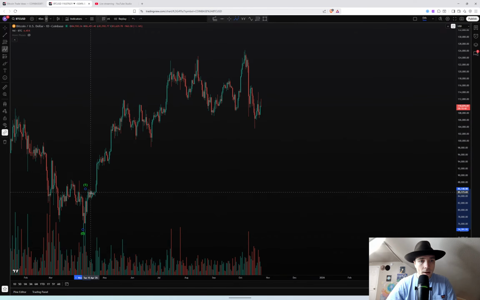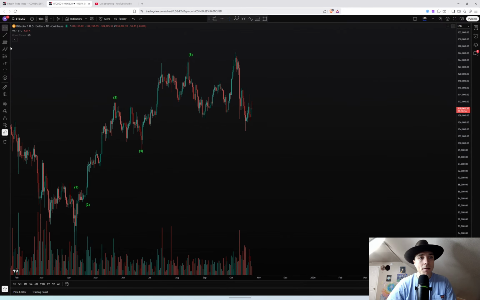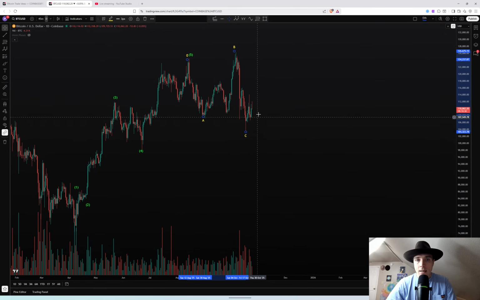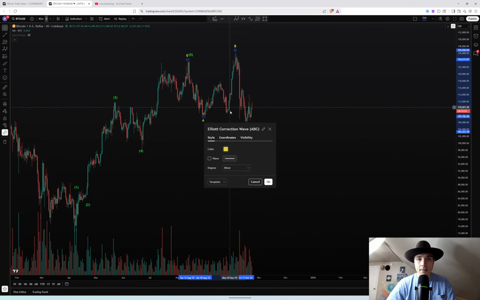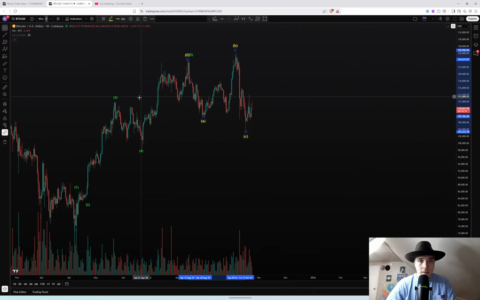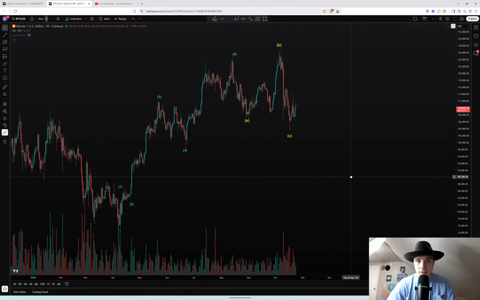So we have wave 1, wave 2, wave 3, wave 4, wave 5 here on Bitcoin. And then we have our ABC. So wave A, wave B, and wave C, just like that. And in fact, if we go to a little bit of a bigger view, there we go, then you can see the Elliott waves more clearly.